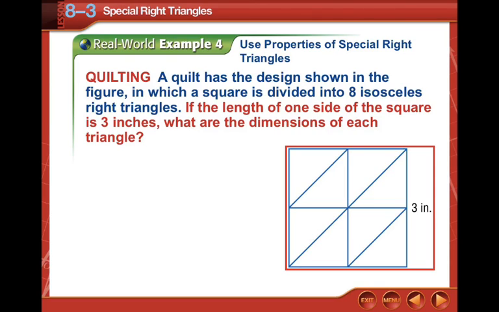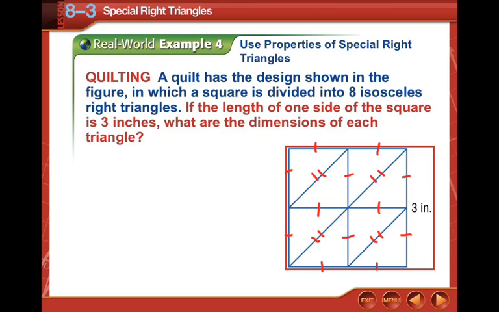So first off, the legs are going to be easy to find, right? So if we have a square, we know that these 2 pieces are cut in half to make this isosceles right triangle. These are all the same. All these lengths that I'm marking here are the same. Also, the hypotenuses should all be the same.